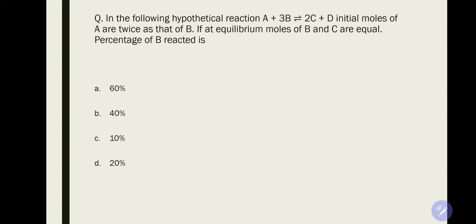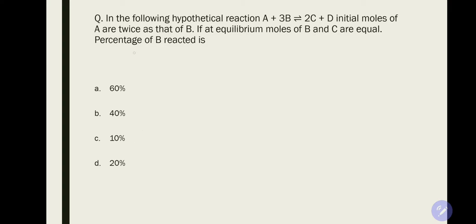Now read the question carefully. They have given you the reaction that A plus 3B gives me 2C plus D. At initial moles, A is twice that of B. What is the concentration of A? It is twice that of B. And now at equilibrium they have said that the moles of B and C are equal.